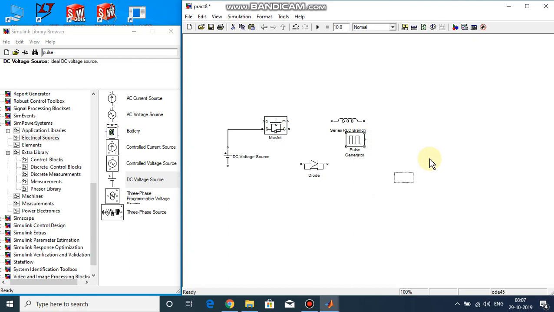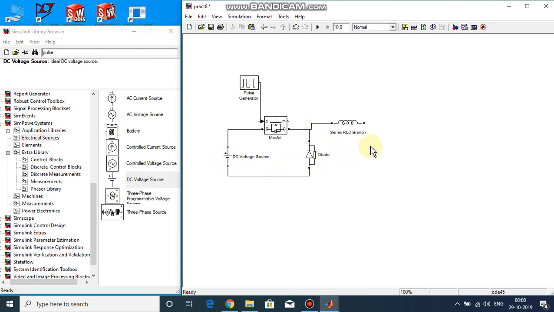And we have our RLC branch, which is the inductor for now, and the pulse generator connected to the MOSFET. Then the diode, which would be acting like a freewheeling diode. This diode is just for the freewheeling action of the inductor, and that's our ground.